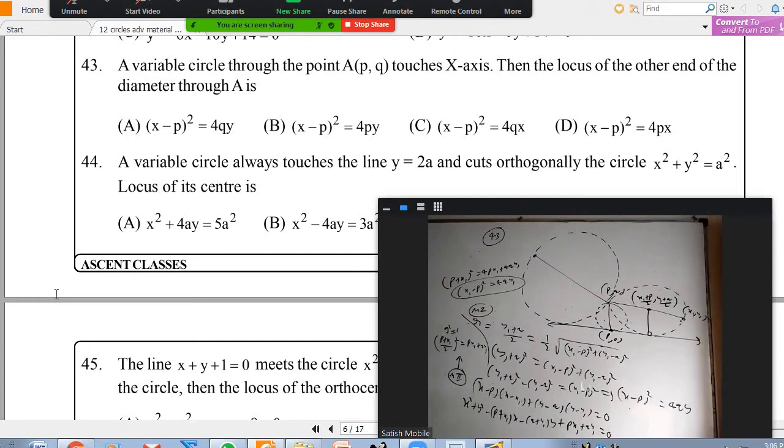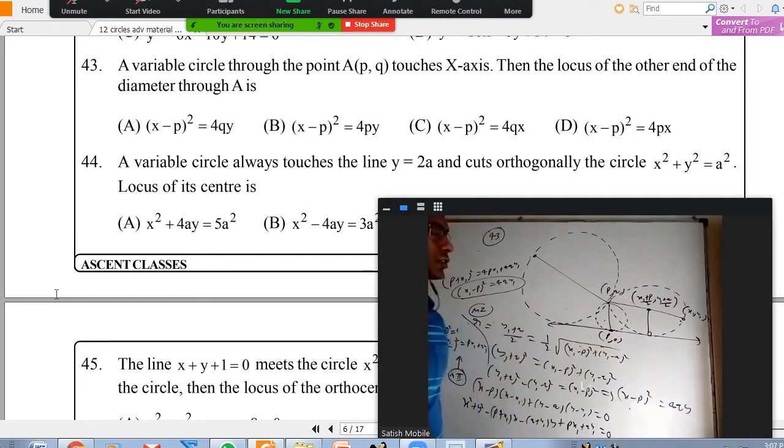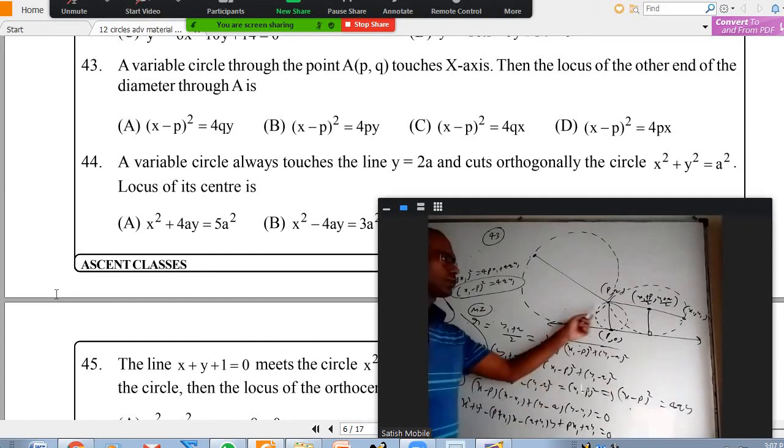Actually, it is a parabola with vertex p, 0 and focus p, q. I can even explain that, maybe, how if you construct a parallel line here, where this will be the focus and this will be the directrix.